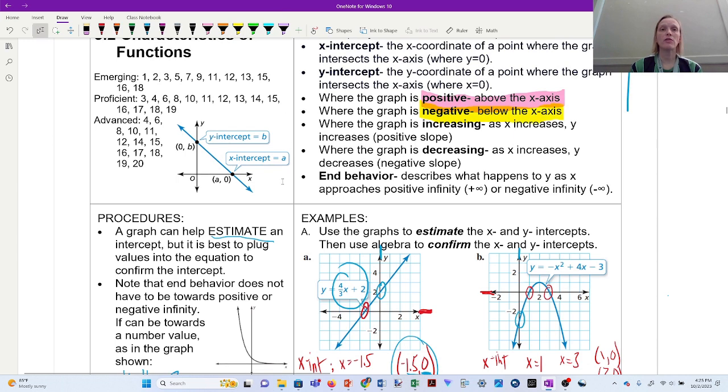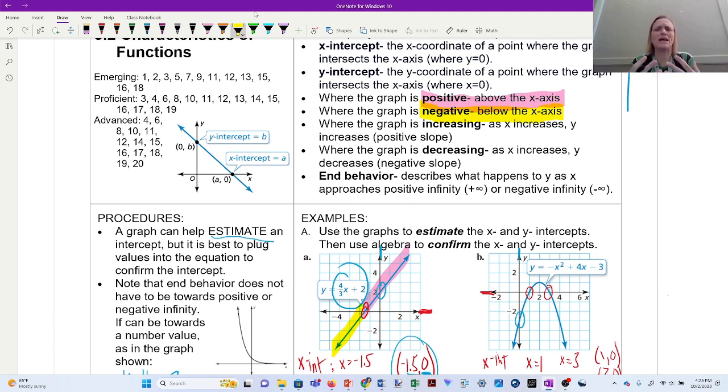So if I think about where I'm above or below the x-axis here, if I look at this line, I'm above the x-axis for these values, and I'm below the x-axis for, oh, wrong color, I'm below the x-axis for these values.